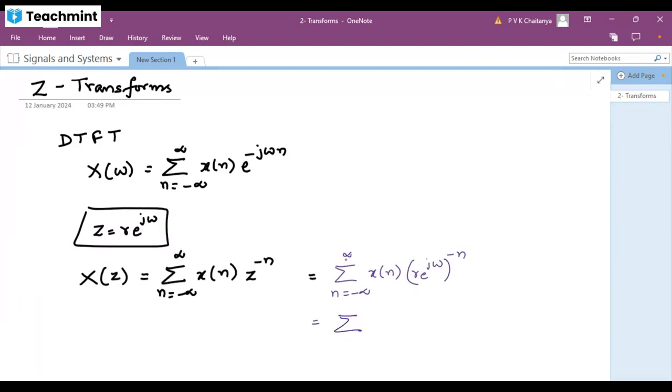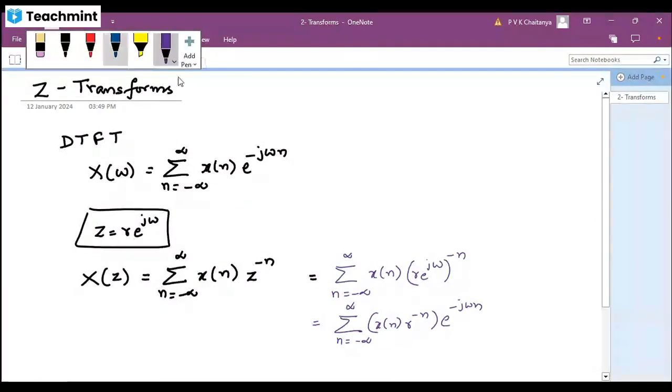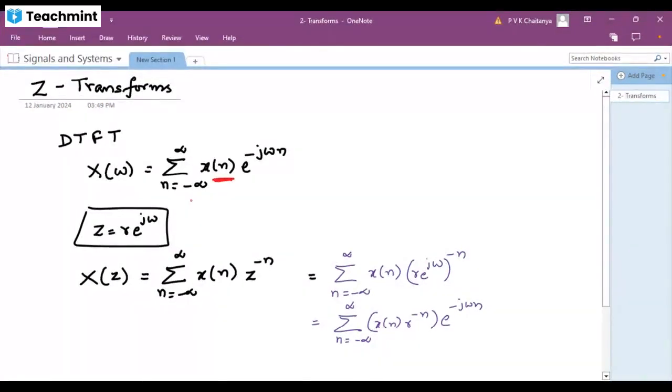So this is equal to sigma from minus infinity to infinity x of n into r power minus n multiplied by e power minus j omega n. This is the same as the formula for the discrete time Fourier transform, but instead of x of n, here I have x of n into r power minus n.